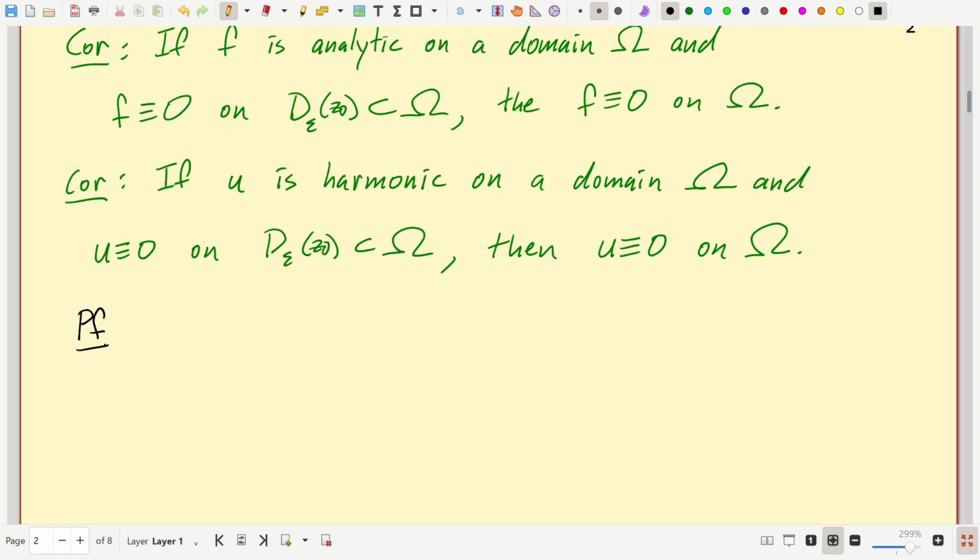So let's see. Remember when I was cooking up harmonic conjugates? There was an auxiliary function that was useful.